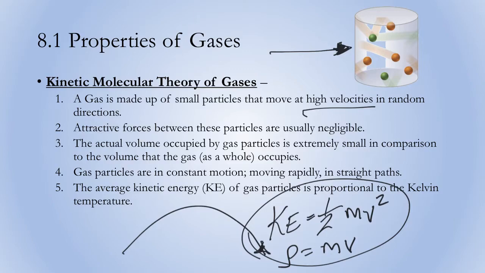Now that doesn't seem like that much of a change, but we're talking about 20 drops of water being about a milliliter. So one of those 20 drops of water going up into almost 43 and a half liters of a gas. So the volume the gas occupies is way bigger than in the liquid state.